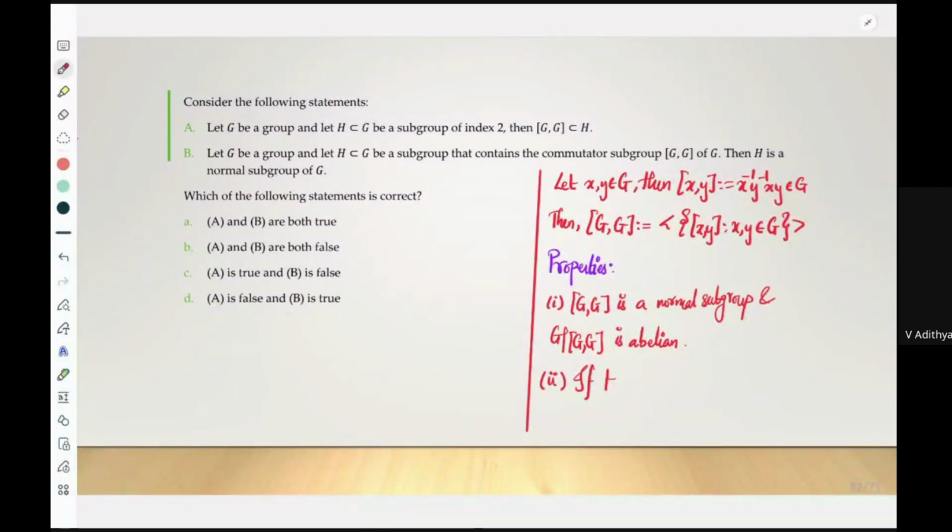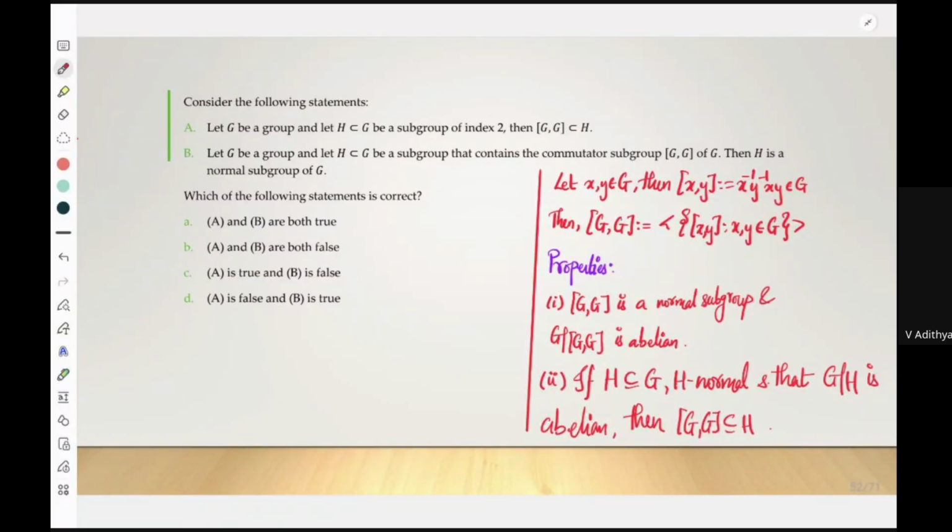If H is a normal subgroup such that G mod H is abelian, then the commutator subgroup is contained in H. These are some of the important properties of the commutator subgroup, and all of them are quite easy to see.